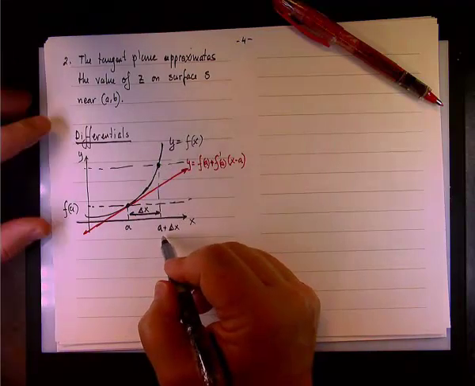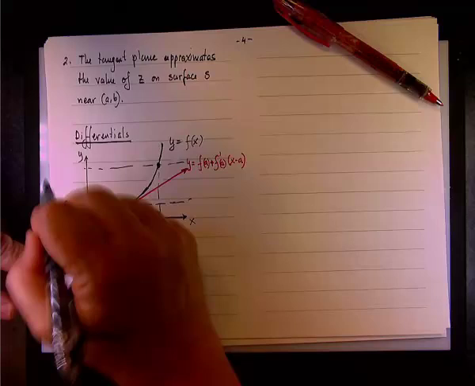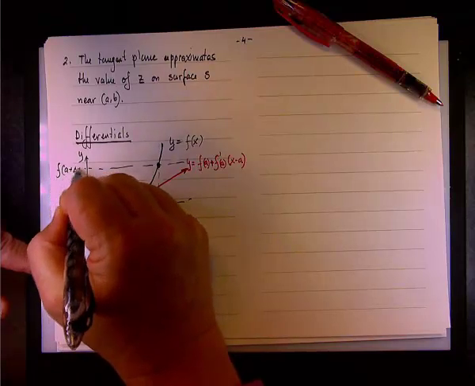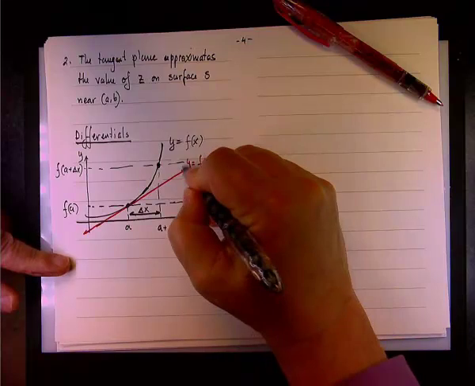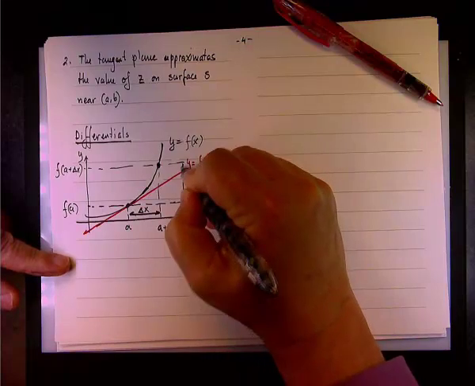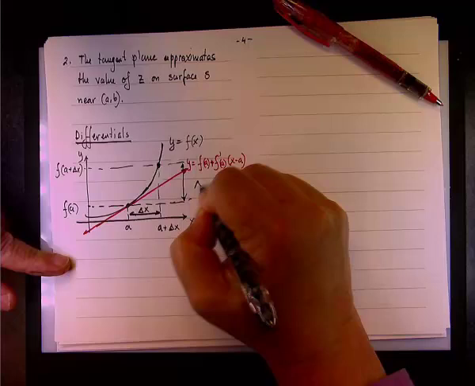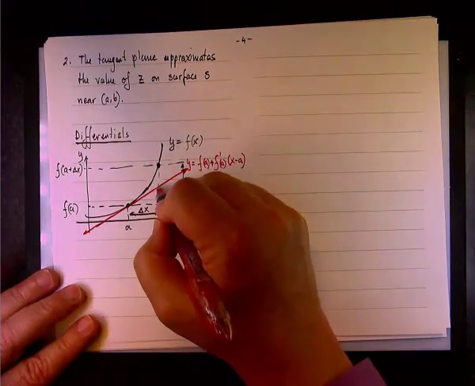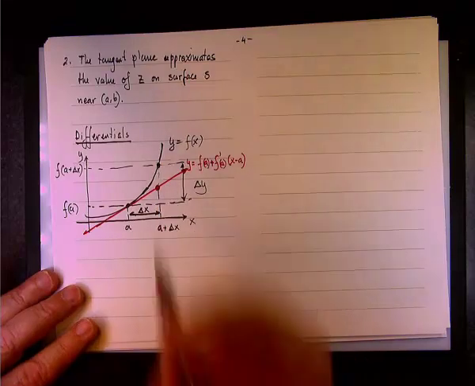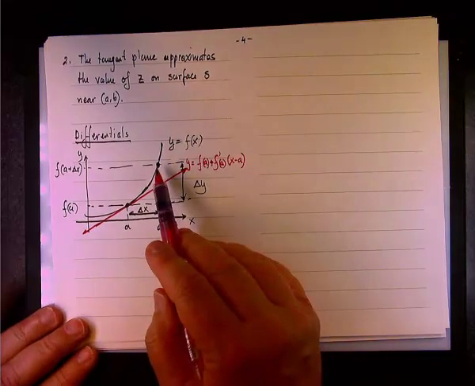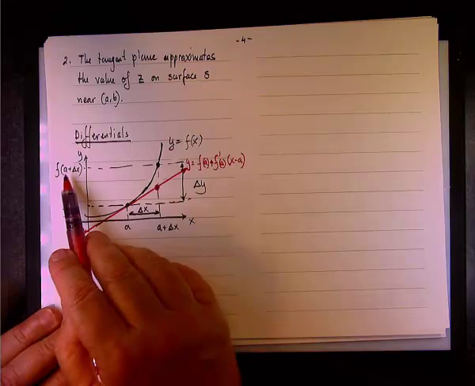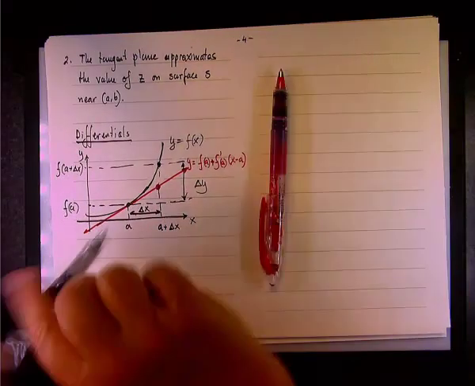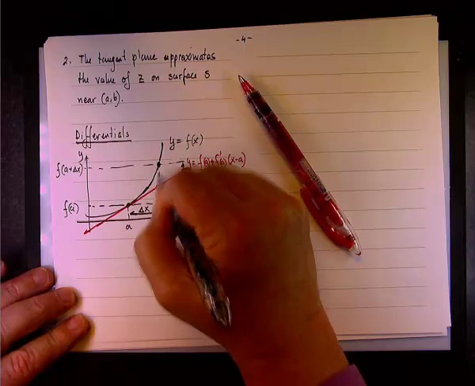So where is delta x, where is delta y, and where is dy? Well, this point has a value of x that is a plus delta x, and a value of y that is f of a plus delta x. The difference between the two is delta y. So what about dy?